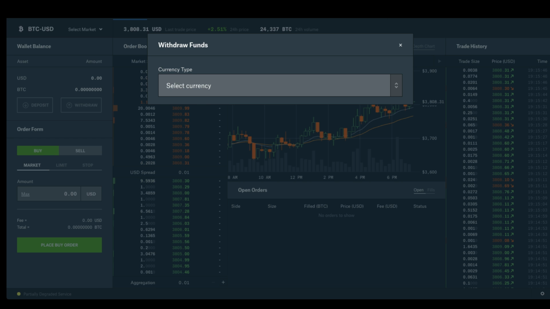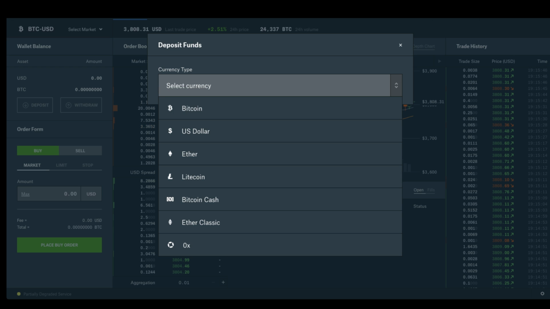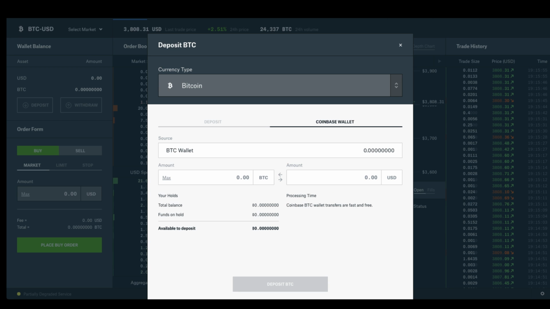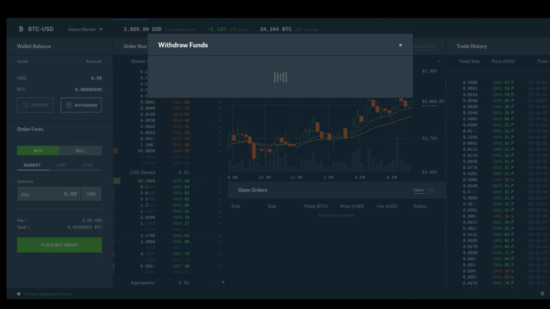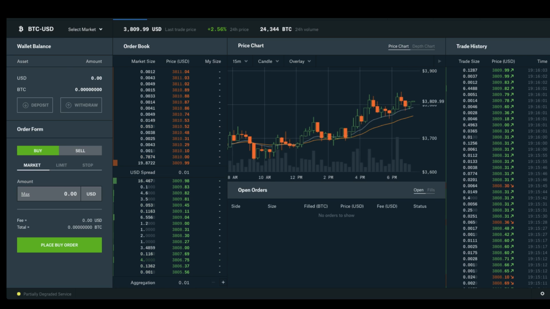Go ahead and deposit the Bitcoin from your Coinbase account. You can just select your currency, Bitcoin, and you can do Coinbase Wallet, and then add in any coins that you have in there, and then you can withdraw it to any other wallet or exchange free of charge. So that's one good feature.